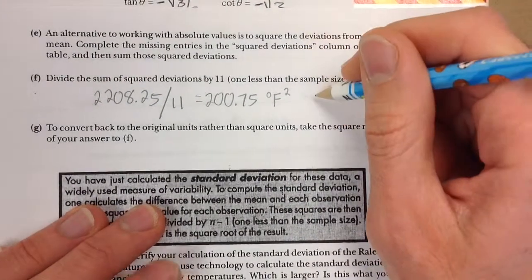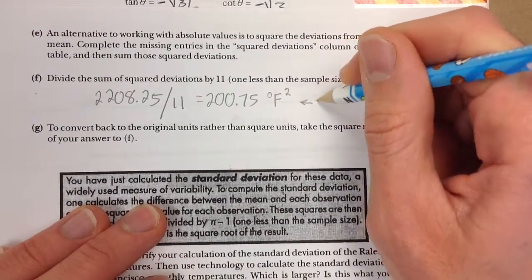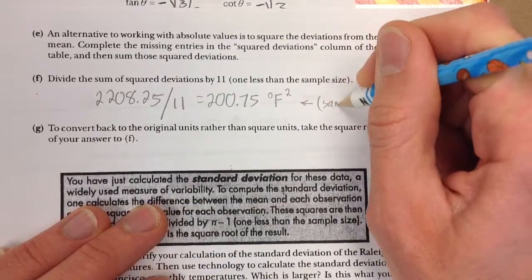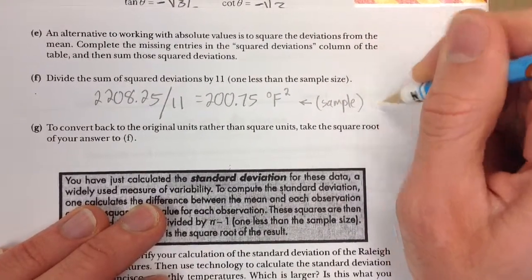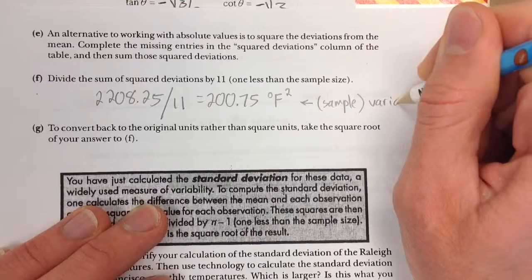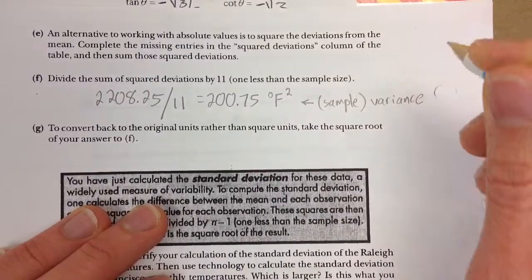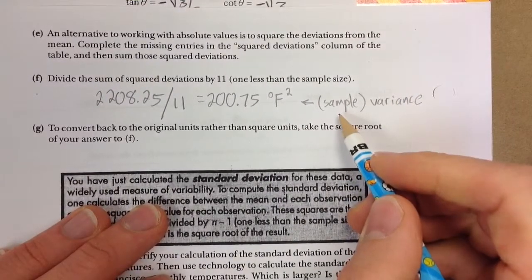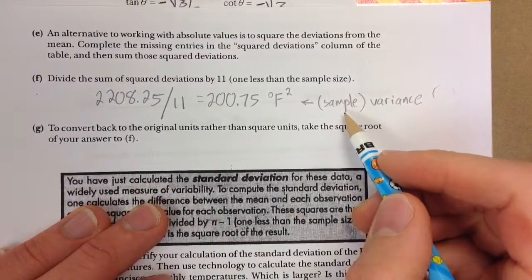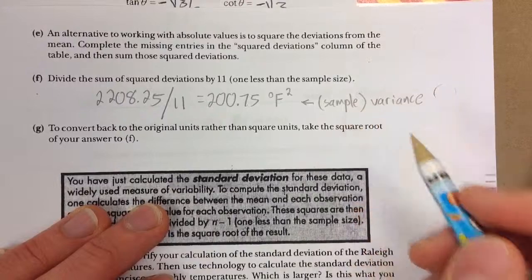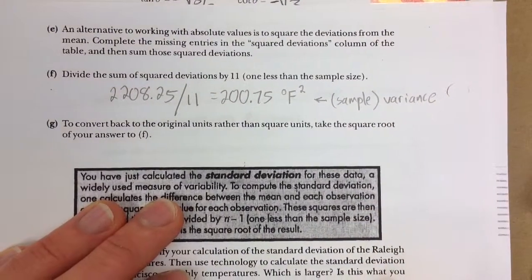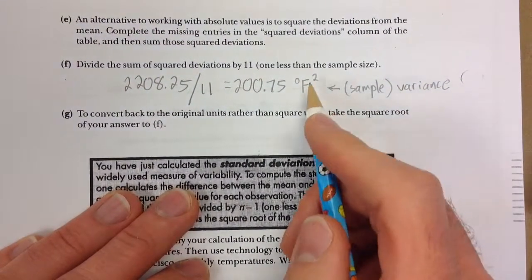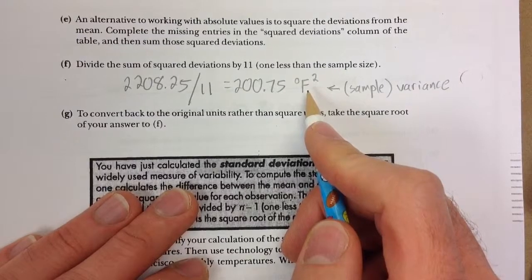This, my friends, is something called the variance, or the sample variance. When you divide by one less than the sample size, it's called the sample variance. The variance is the square of the standard deviation. We don't want something that's in degrees Fahrenheit squared.